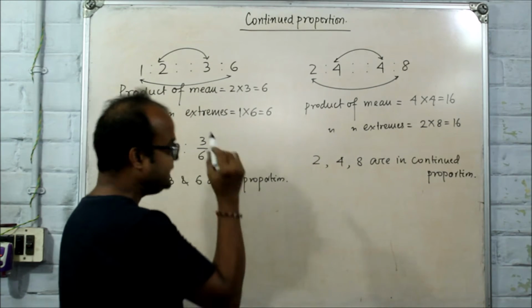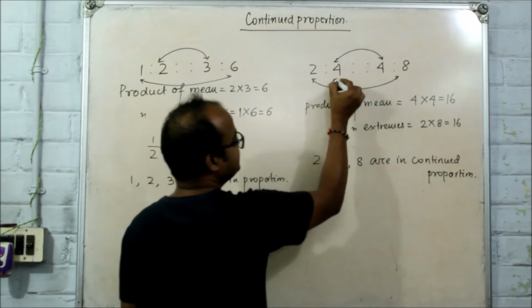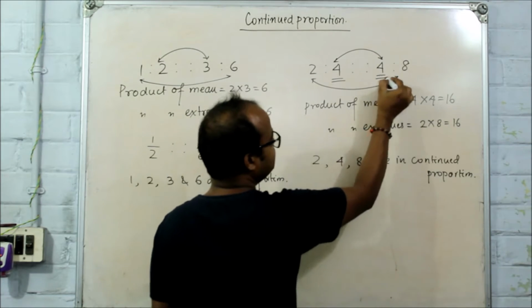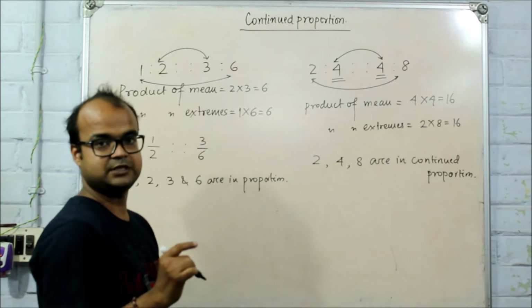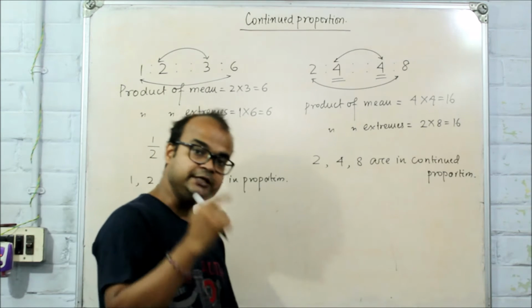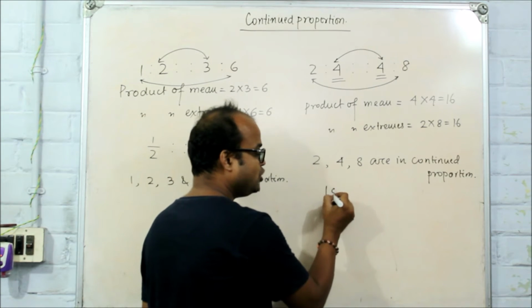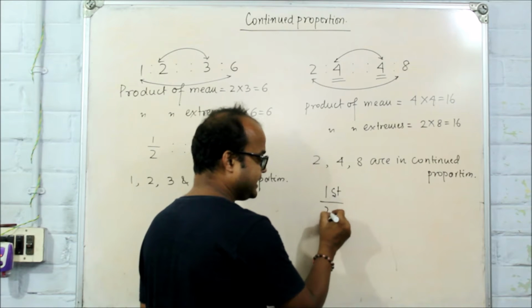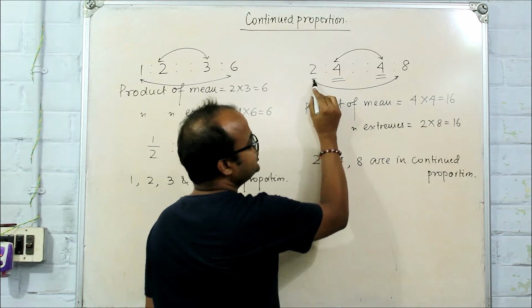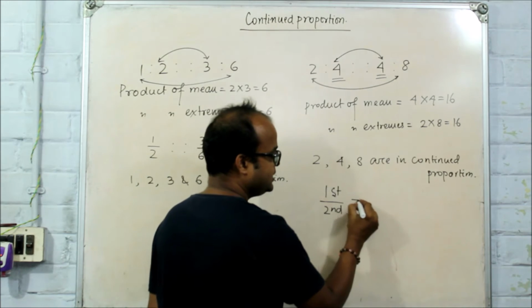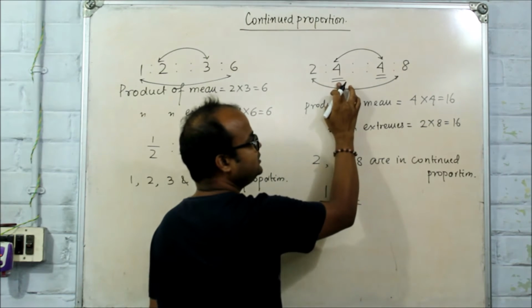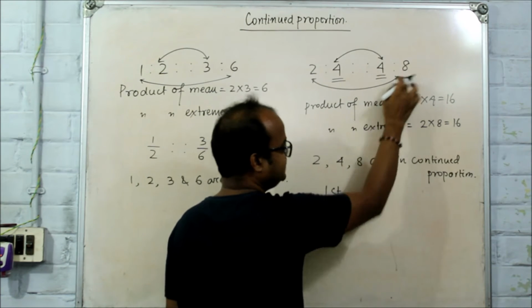Now see, that means the second and the third part remain the same. That's why continued proportion is said to be when the ratio of first and second is equal to the ratio of second and third.